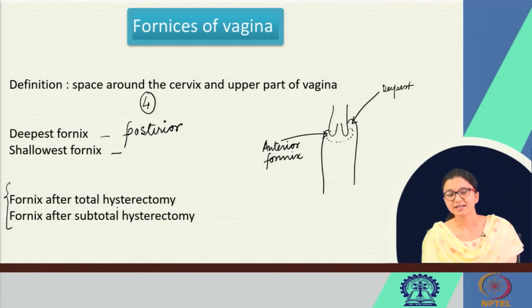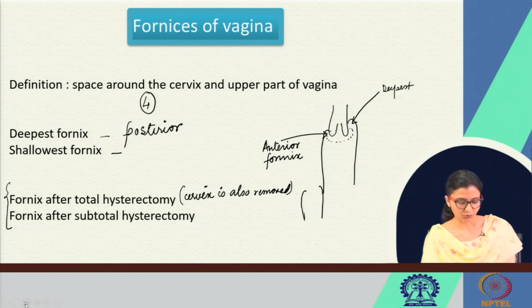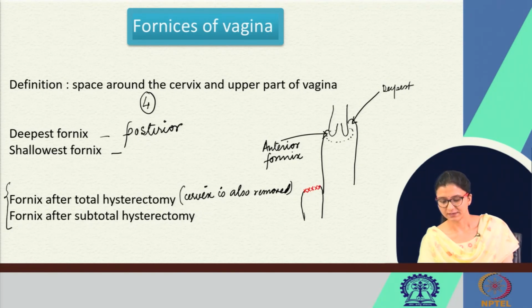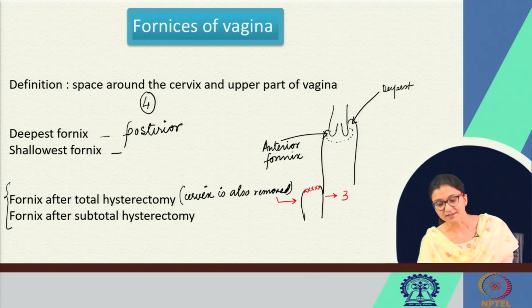Total hysterectomy means removal of the uterus together with the cervix. Cervix is also removed. In that case, if we remove the cervix, what remains are these vaginal walls, which will be sutured. Now, after the removal of cervix, the number of fornices present is 0, no fornices.